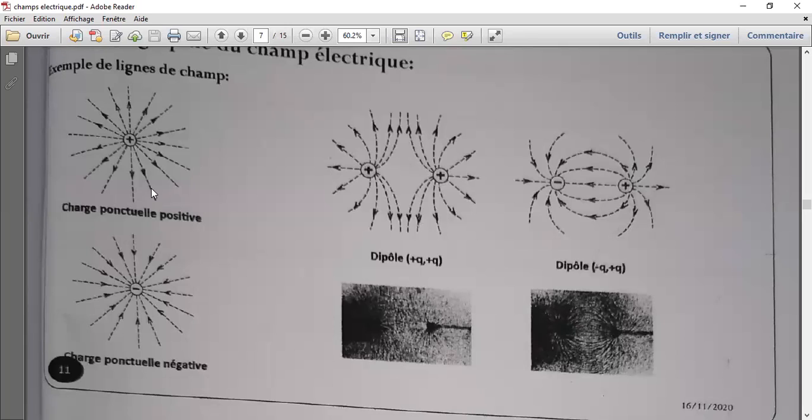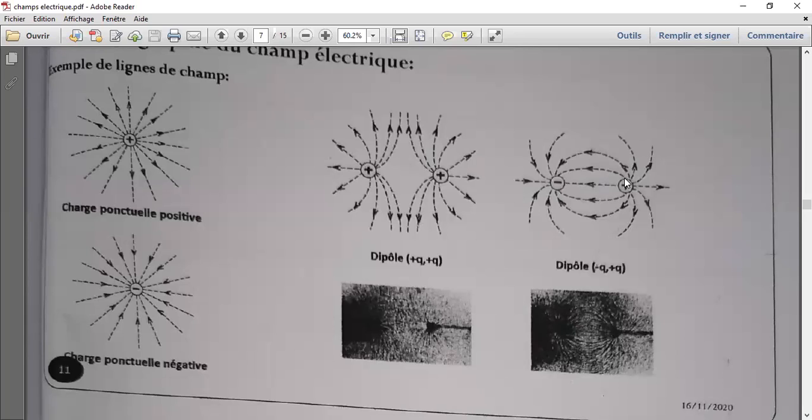When you bring them together, there will be attraction: the arrows of the positive go inside the negative charge. That's how it's represented.